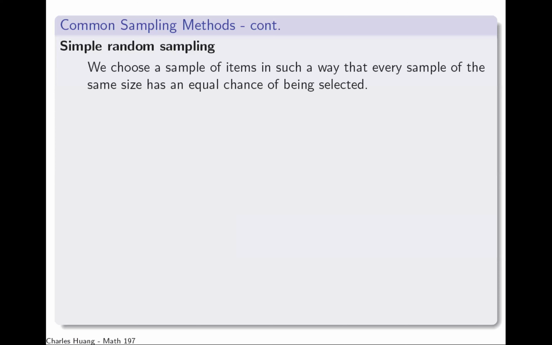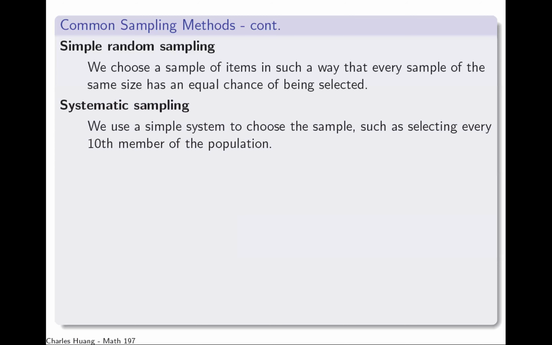One of the ways that we can do is called simple random sampling. That means we pick a whole bunch of everyone in the population, where every single item in the population has an equal chance of being selected. We can also do systematic sampling.